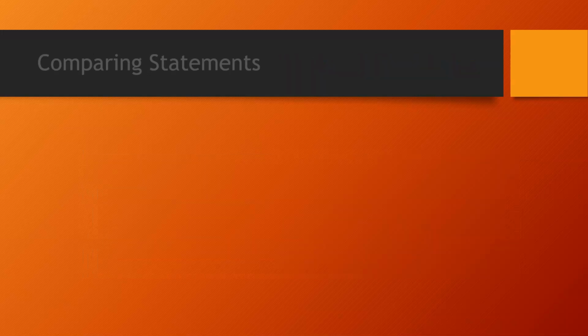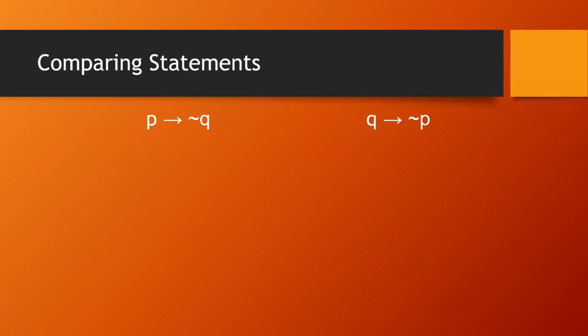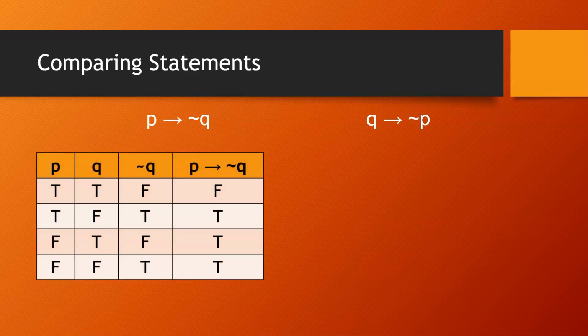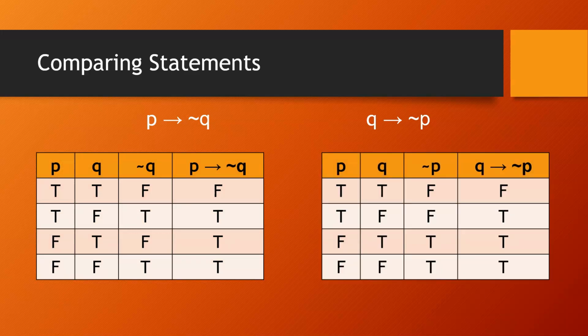Now what we've done so far is just look at the truth or falsity of a single statement to see if we can classify that statement. Now what we're going to do is compare two statements. The two statements we're going to look at are if P then not Q, and if Q then not P. So to make the comparison, we'll just make a truth table for each of the statements, and then we'll look at the solutions column for both statements.